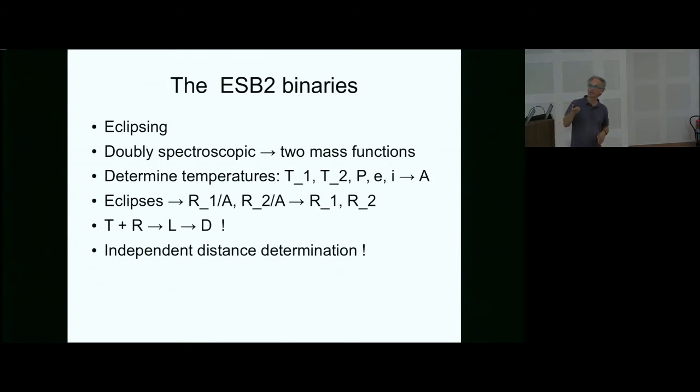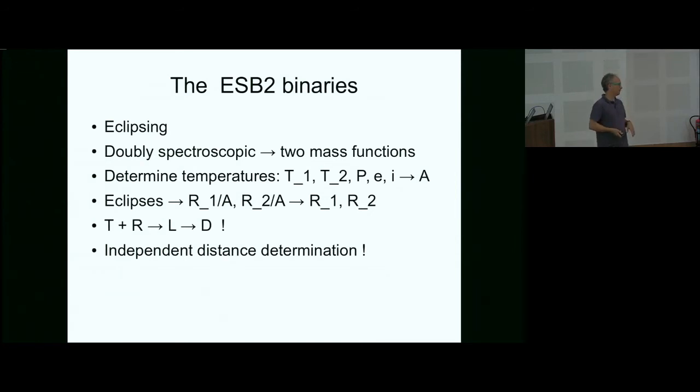Now, because they are eclipsing, you have the ratio of the size of each star to the size of the orbit, which gives you the radii of the two stars. So now you have the fluxes, temperatures, and the radii of two stars, and from this you can calculate their absolute luminosities.